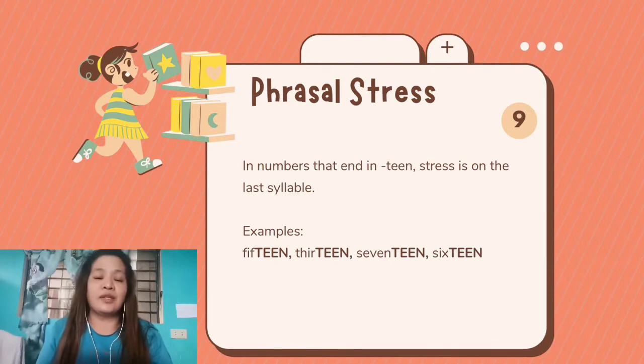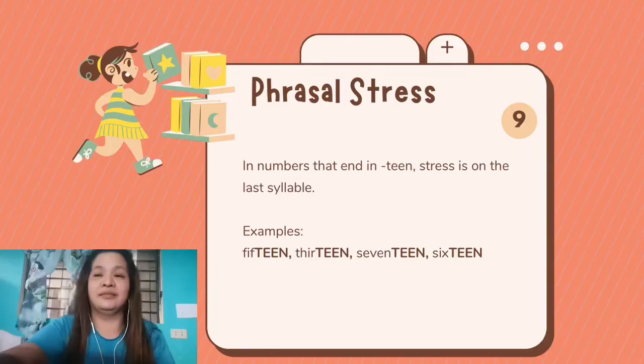Another in numbers that end in teen, the stress falls on the last syllable. Like for example 15, 13, 17, 16. The stress is on the second syllable, which is teen.